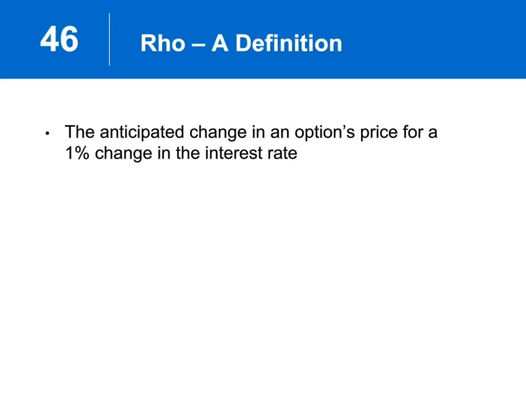Our last Greek is rho, interest rates. As I said, in this climate, in a very low interest rate environment, very little impact on the shorter dated options from an interest rate component. Further out you go in time, plug in 3%, 4%, 5% on an option 18 months, 2 years, 2.5 years out in time, and see how just that rho or interest rate component can change the value of that option.